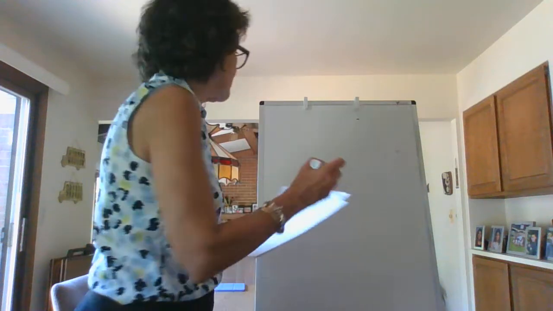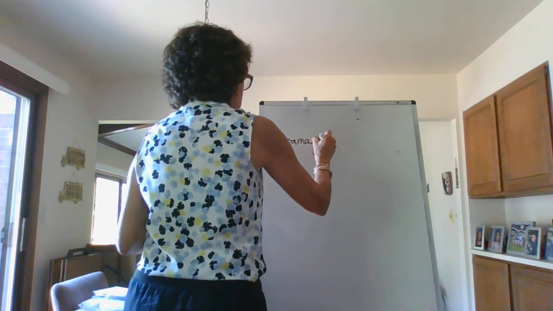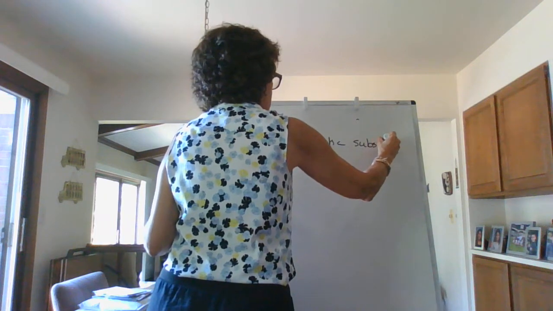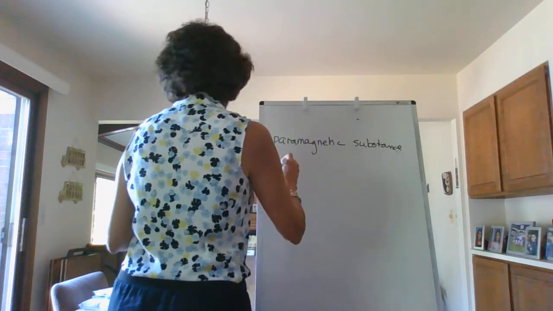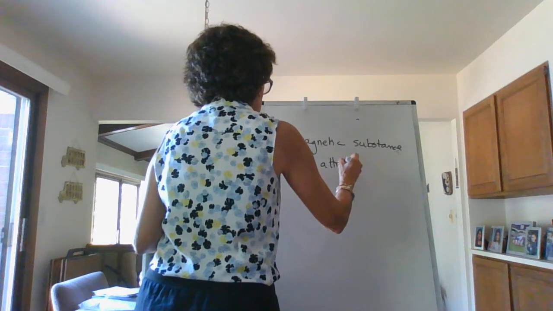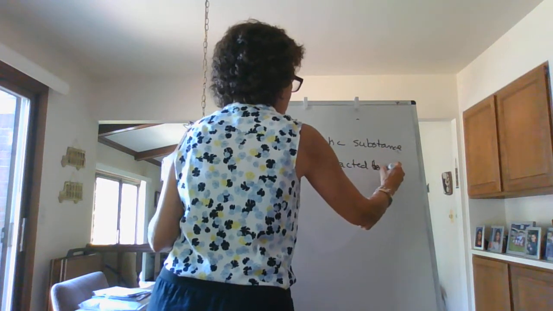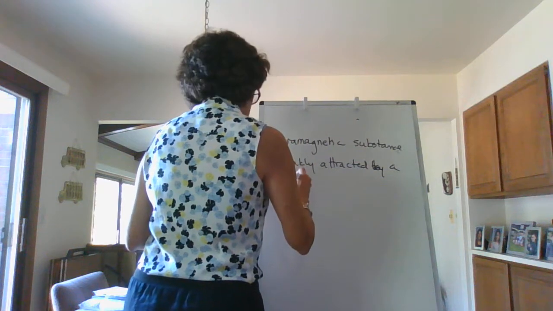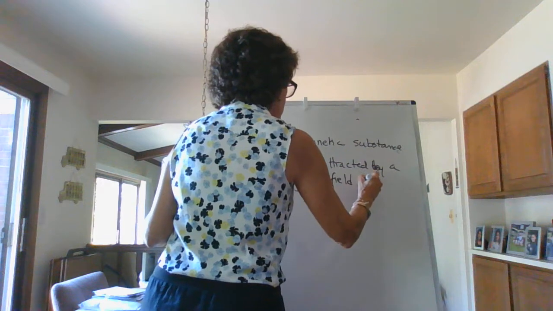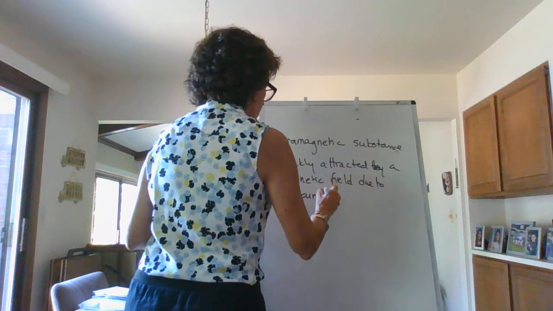So let's put that down. So paramagnetic, a paramagnetic substance is weakly attracted to or by a magnetic field due to unpaired electrons.